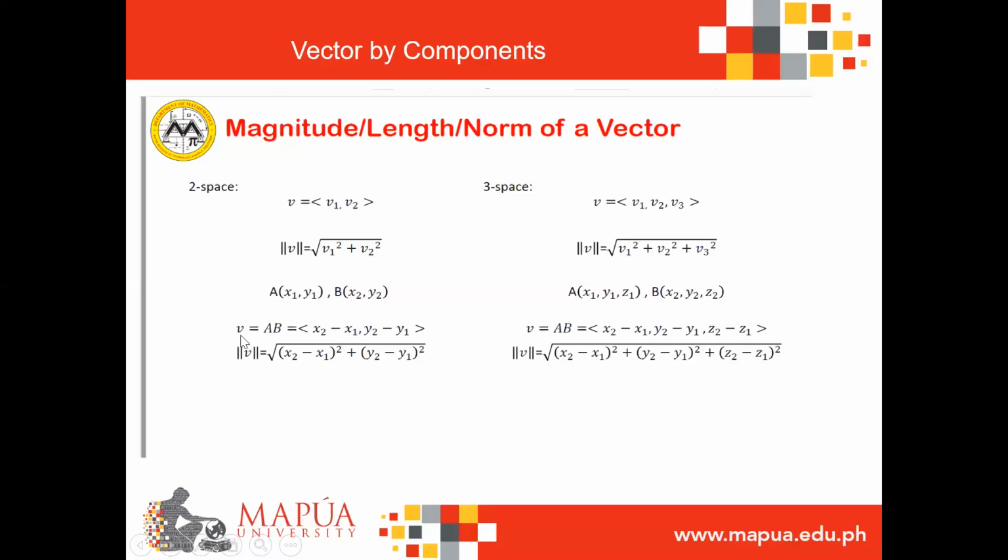The magnitude of vector AB is the square root of the quantity x2 minus x1 squared plus the quantity y2 minus y1 squared, which is similar to the distance formula between two points.